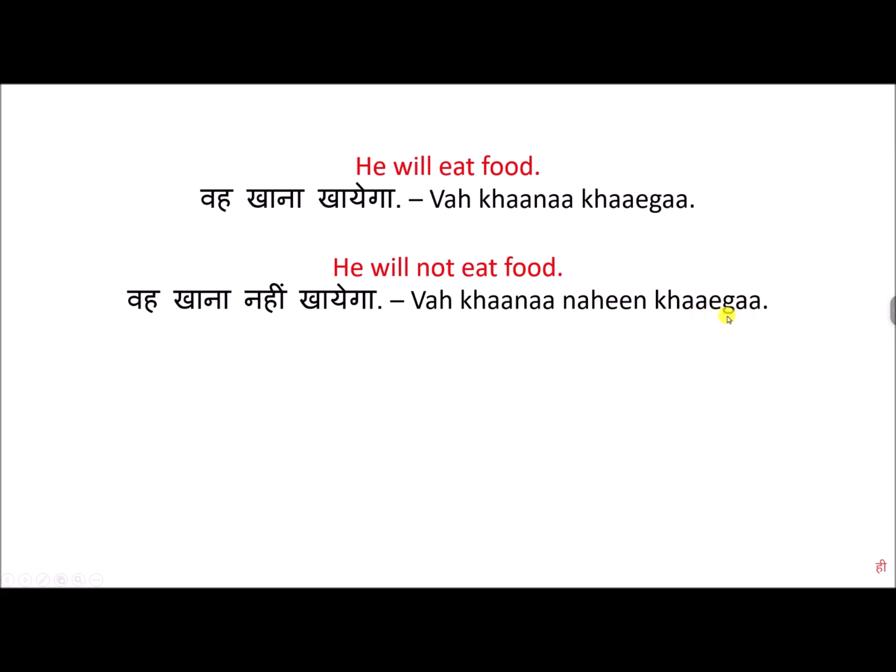Here khaega is will eat. This is the verb. Before the verb, place nahi. Nahi is not. Right? And this is he will not eat food. This process is similar to what we had learnt before.